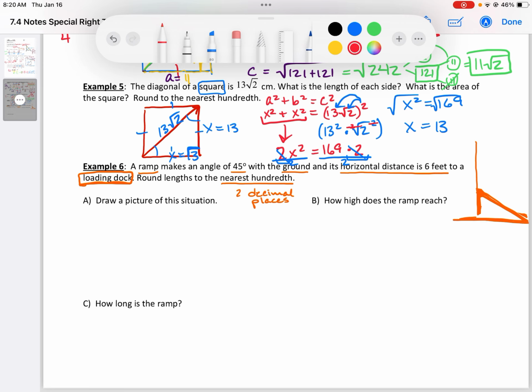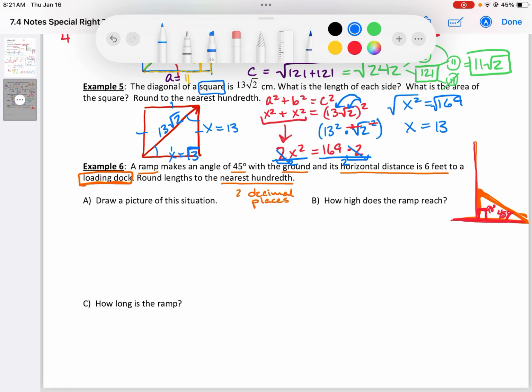And it gives us 2 important pieces of information about this ramp. One, the angle it makes with the ground is 45 degrees. Now, we also know that the angle it makes with the building is 90, assuming that this building was built with straight walls and that the ground at that point is flat.